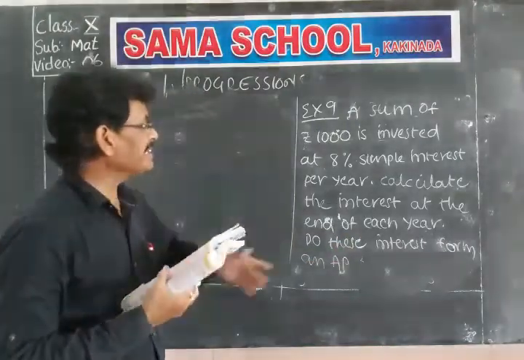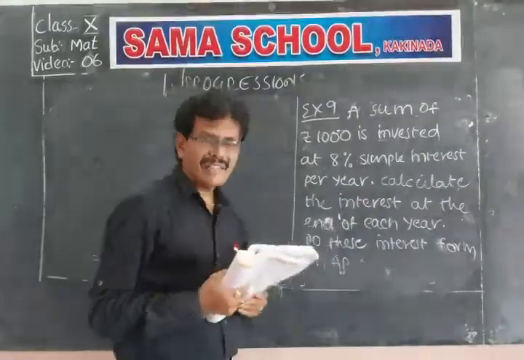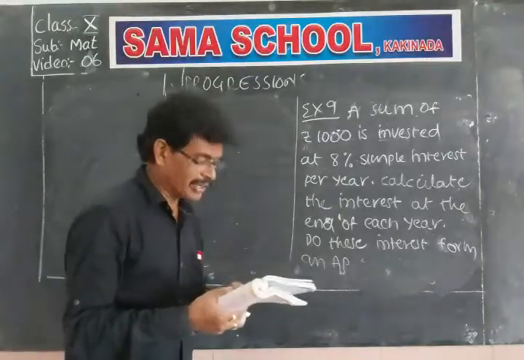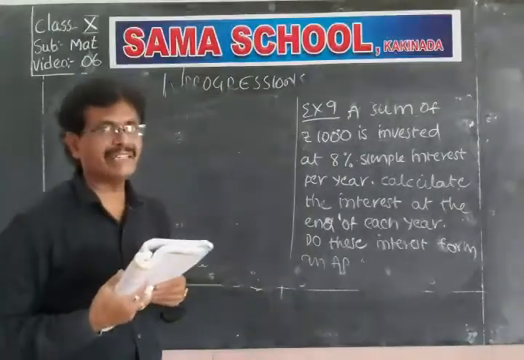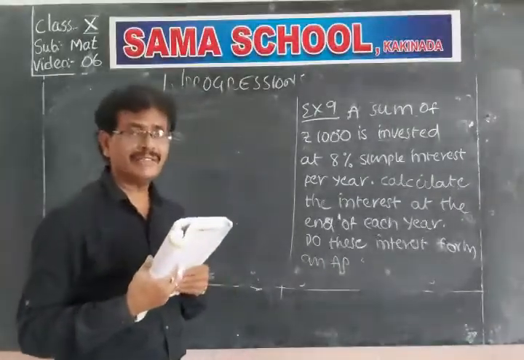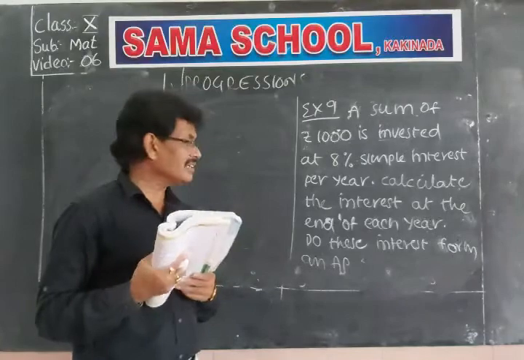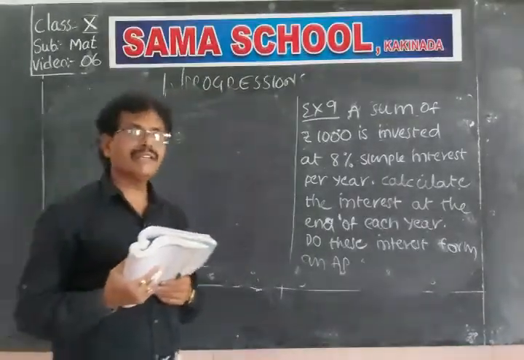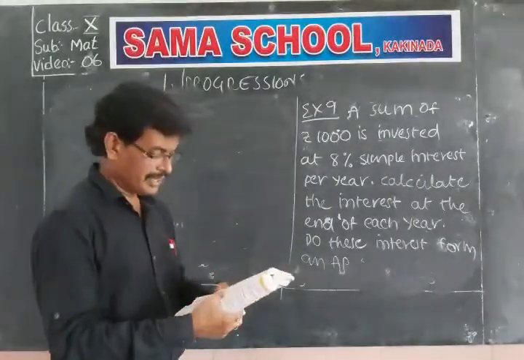It means he has to calculate the interest for each year and test whether those values are in arithmetic progression or not. How can we test whether they are in arithmetic progression or not? By subtracting two consecutive terms. If you get the same answer when we subtract two consecutive terms, then you can say the values are in arithmetic progression.